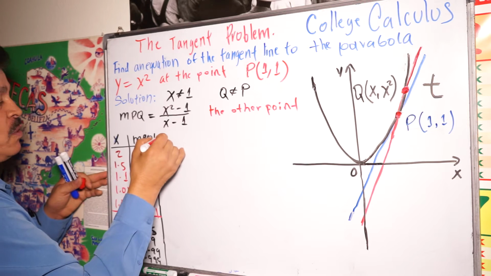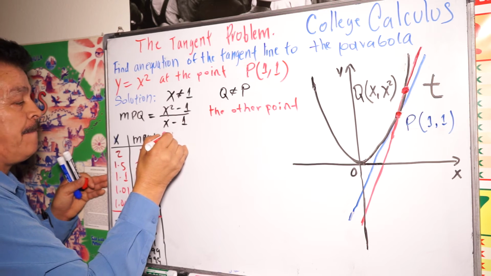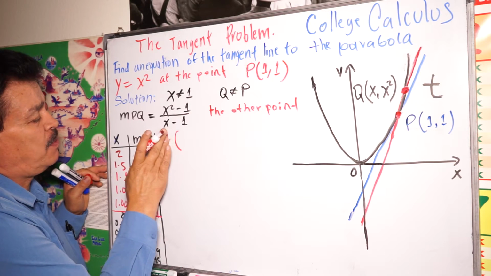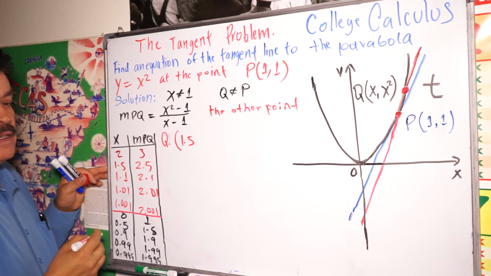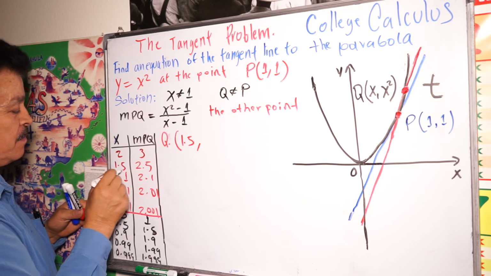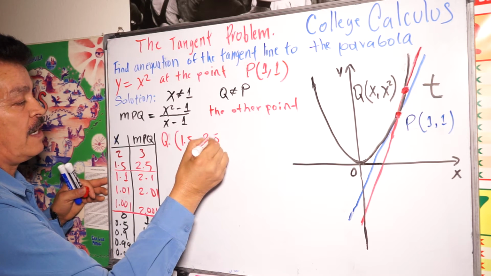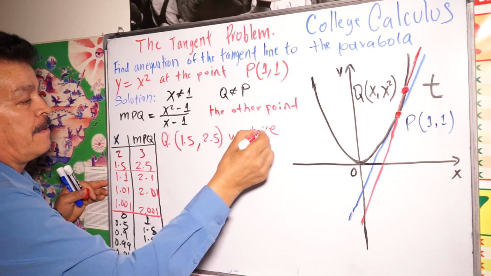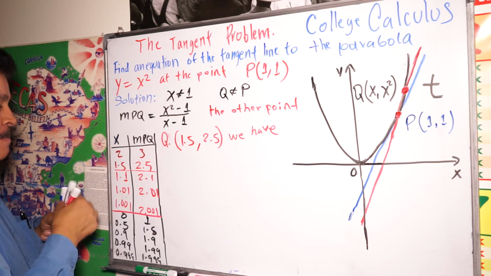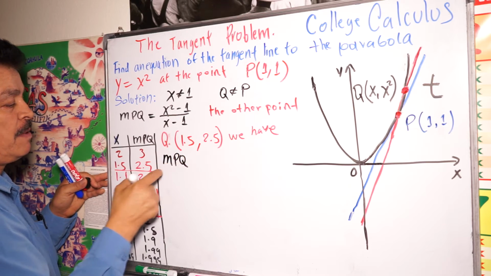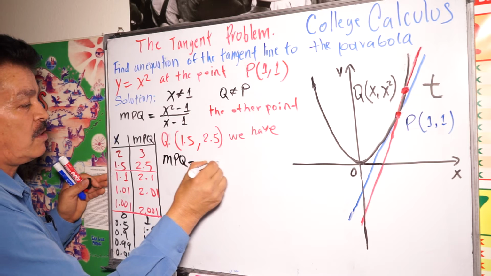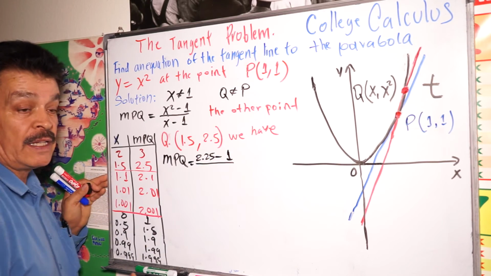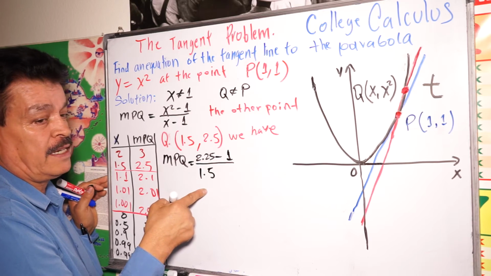We are going to have Q here, for instance, point Q (1.5, 2.25). Here m means slope, so m_PQ is going to be equal to 2.25 minus 1, divided by 1.5 minus 1.